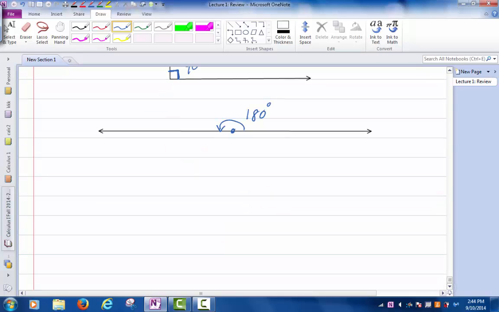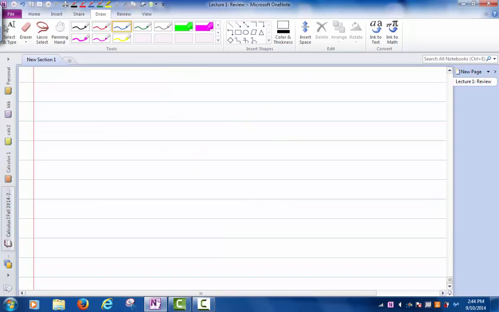But okay. So what is the other measure? Radian measure. What's the definition of the radian measure? Well, for that I need a circle.